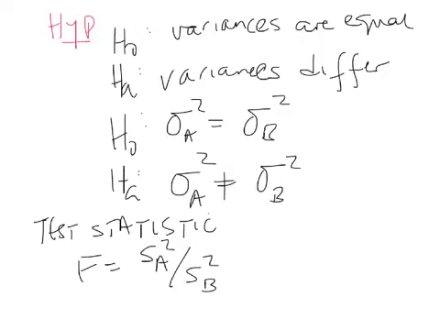The degrees of freedom for the numerator are 19, which is 20 minus 1. And the denominator, which is for B, is 25 minus 1, which is 24. So 19, 24. That would be our test statistic.